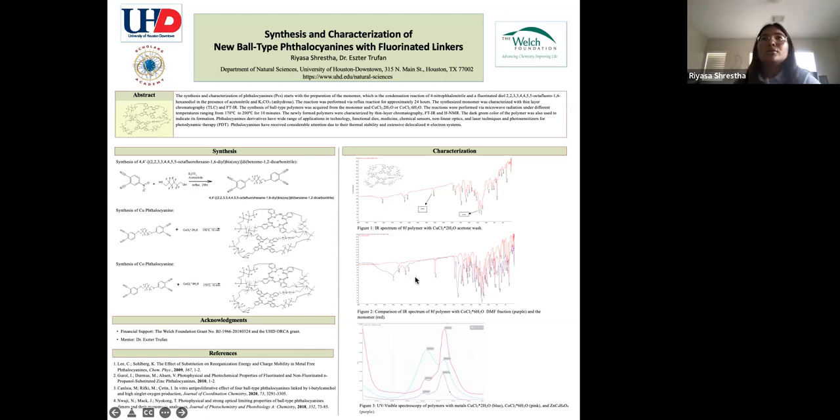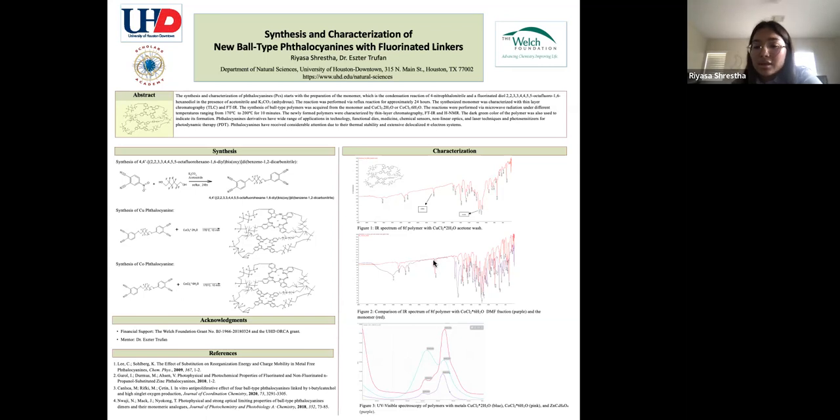However, it is a little hard to purify these compounds. That's why we need to go through different steps of separation using TLC to purify these compounds. The most pure I've gotten is in figure 2 for the cobalt chloride ball-type.